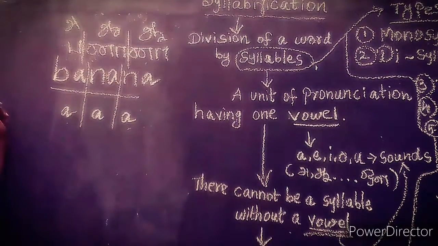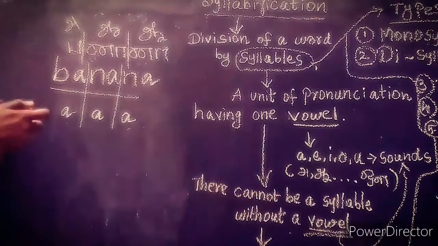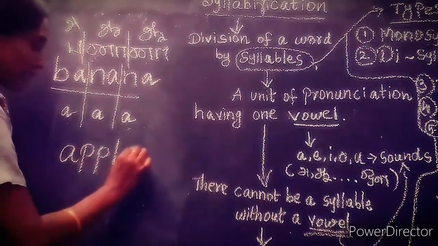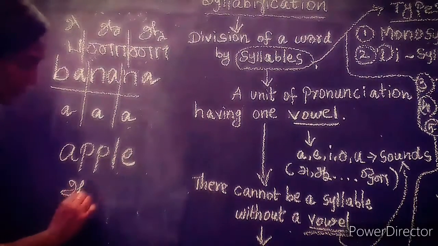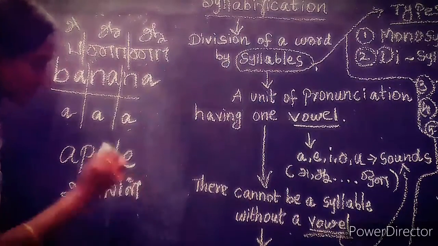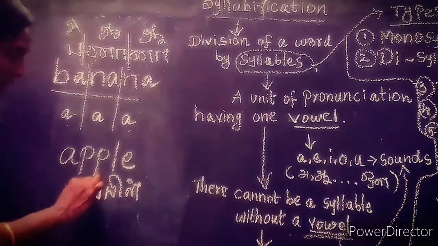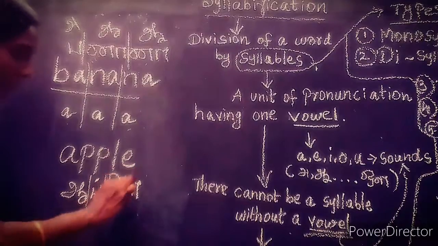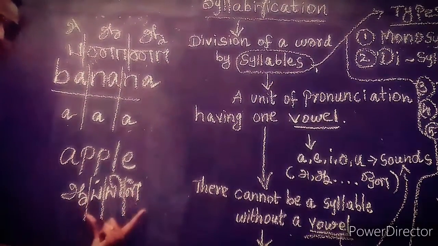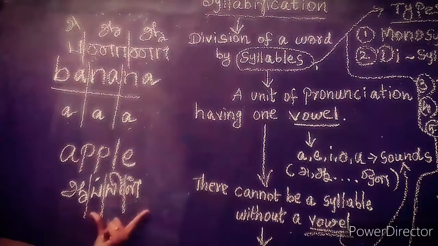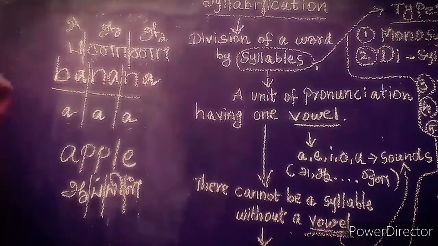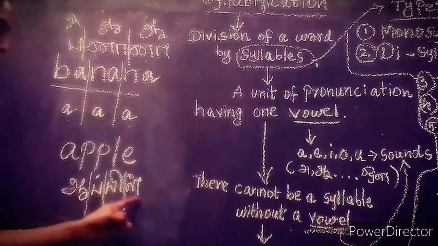Okay. Your favorite fruit, apple. Shall we take that? Okay. Apple. Write it in Tamil. Apple. So you have to separate a, p, pl. Correct? But we should not break like this, because a syllable should not come alone with the consonant sound like this.